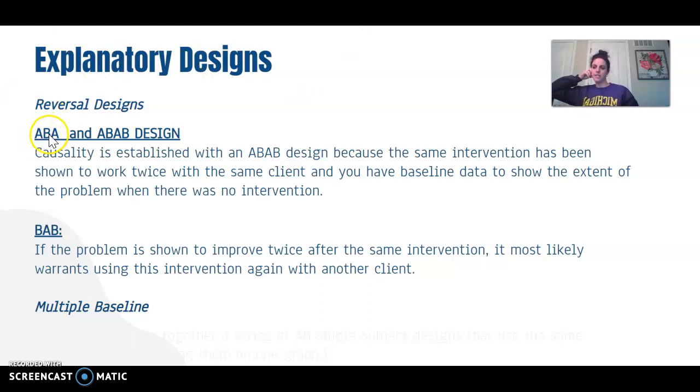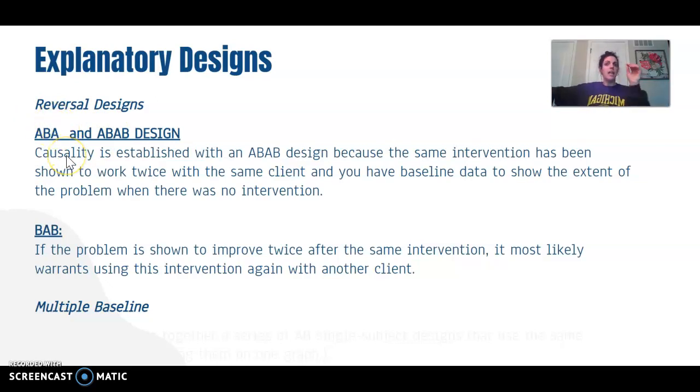Now, you can see with the ABA, you don't have the implementation of the intervention again, but the theory would be that the client's functionality would return to the baseline in the absence of B. So it's showing that for the period of time B worked, but then when it was gone, their symptoms tanked again.